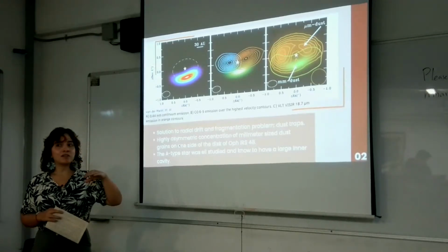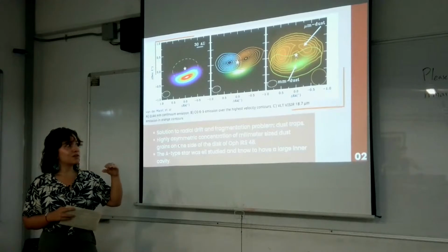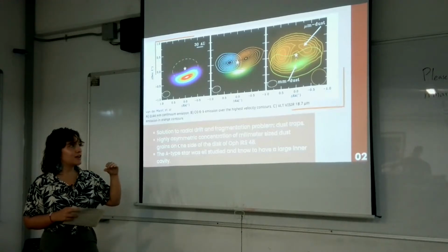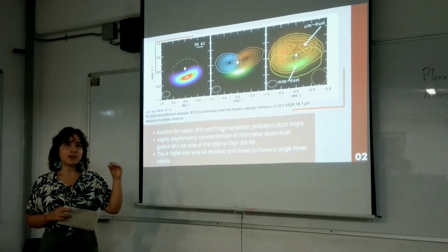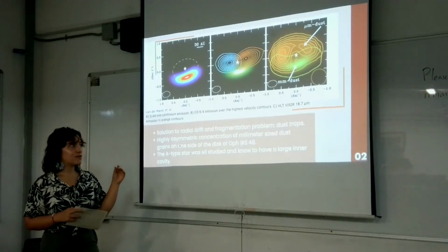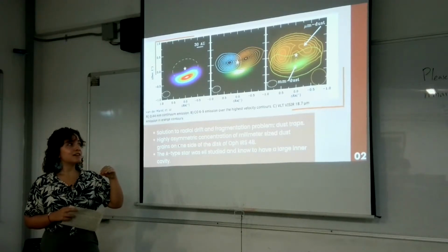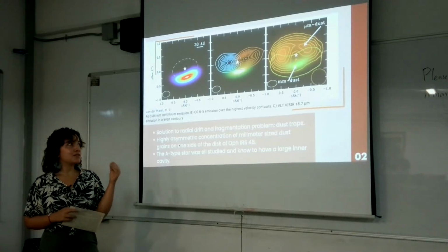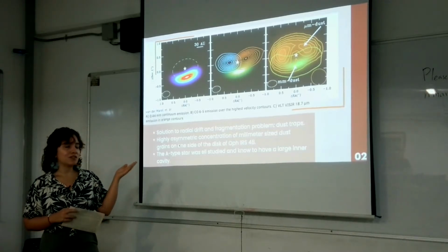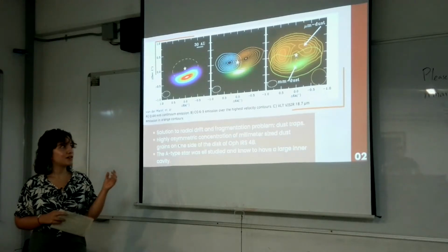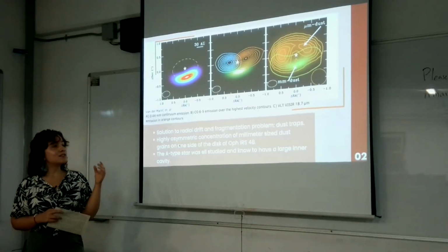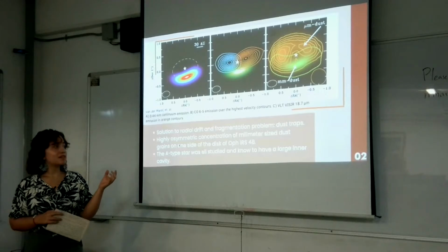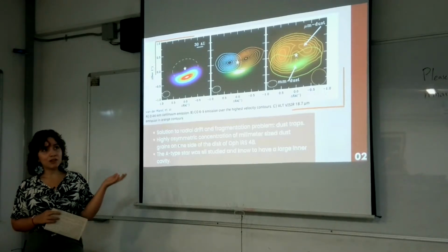And we talk about radial drift as a problem because it was an inward drift for particles, and the fragmentation because of high velocities was also a problem for the formation of bigger particles in the disk. So one solution to that problem was the dust trap.